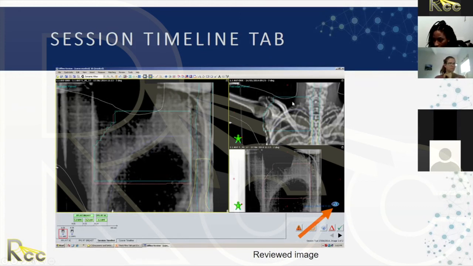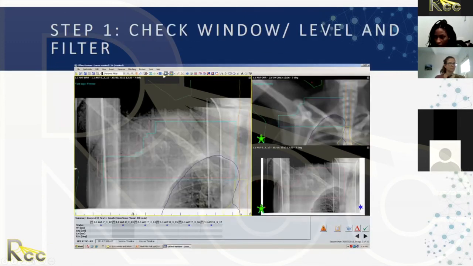You can look at those images and you can say, they look pretty good to me, they look pretty similar. This I button means that it has been reviewed. Again, if you like the image, you can click the check mark and that says that you've approved that image.